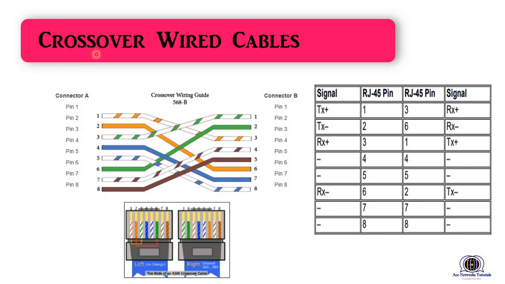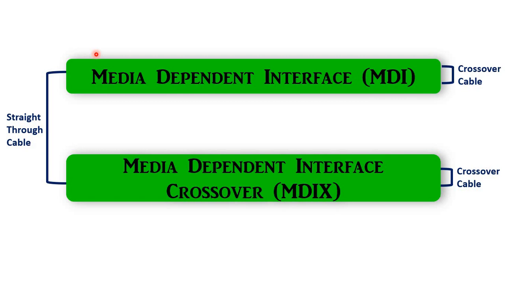Now, let us study one of the most core concepts of network cables. Media Dependent Interface, MDI, and Media Dependent Interface Crossover, MDIX. MDI or MDIX is a type of Ethernet port connection, using twisted pair cabling.